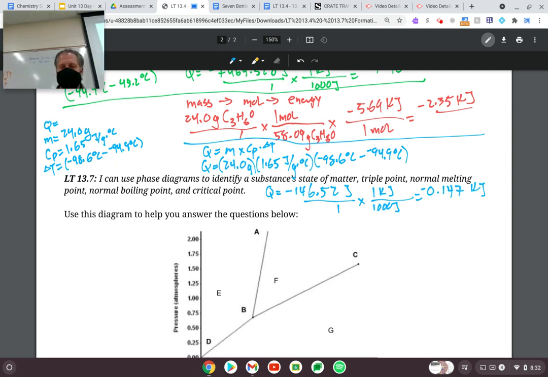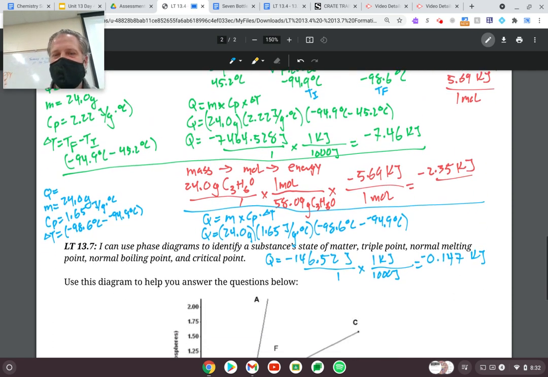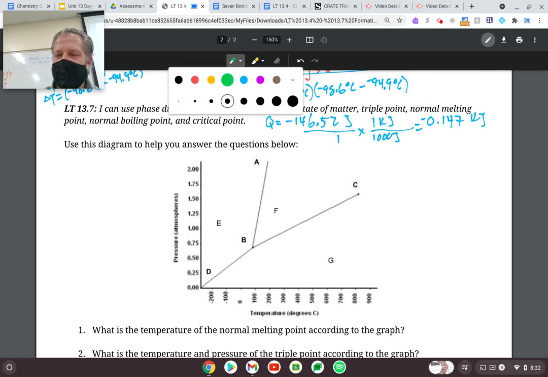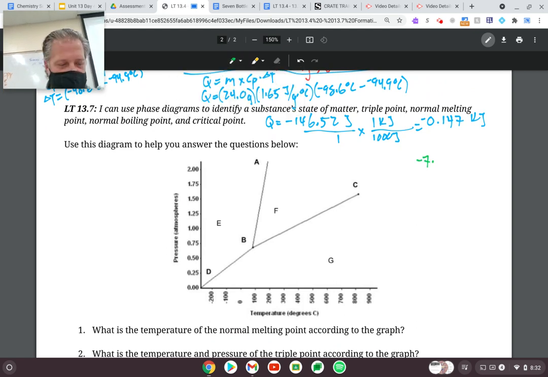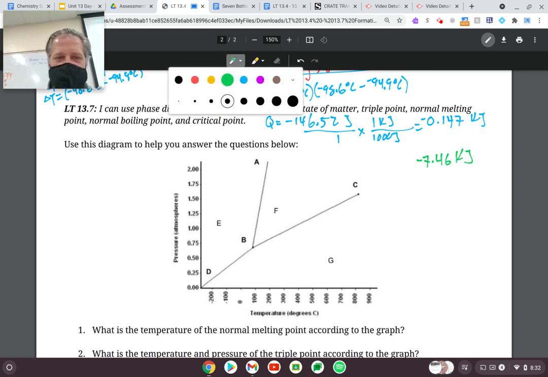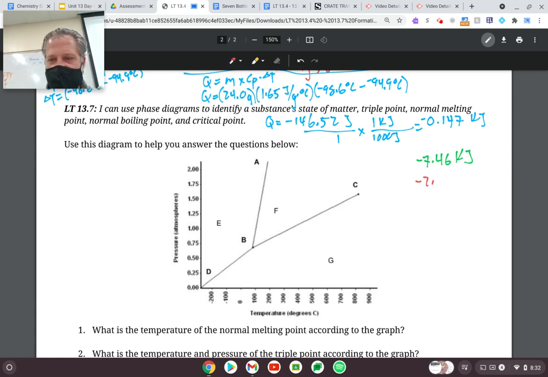And then the last thing that we have to do, which I realize I'm running out of room just a little bit, is we have to add these things up. So I'm going to do it down here. I have negative 7.46 kilojoules plus negative 2.35 kilojoules plus negative 0.147 kilojoules.